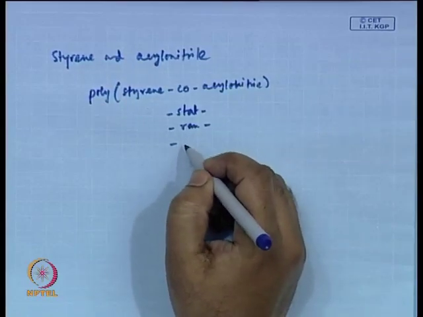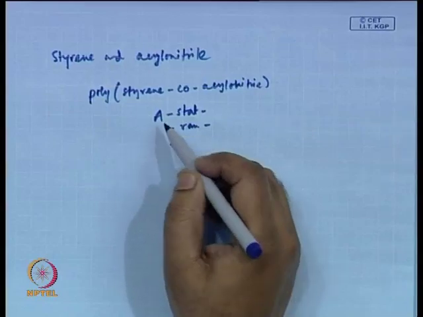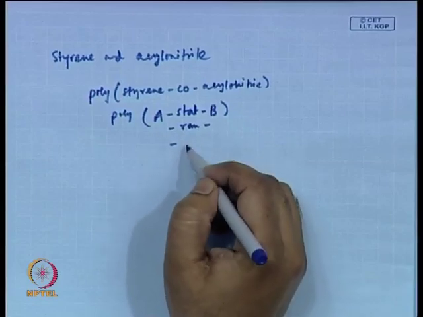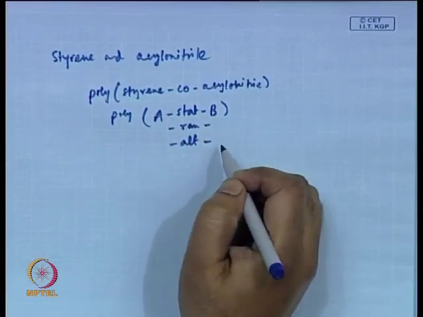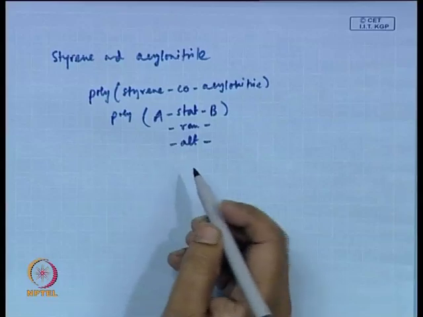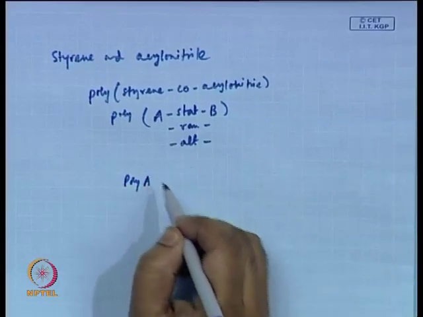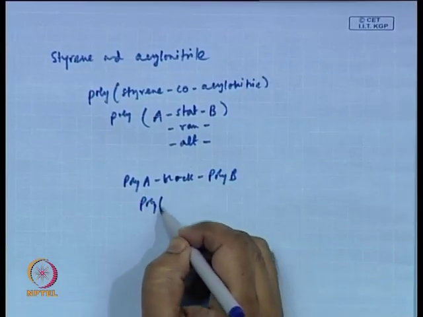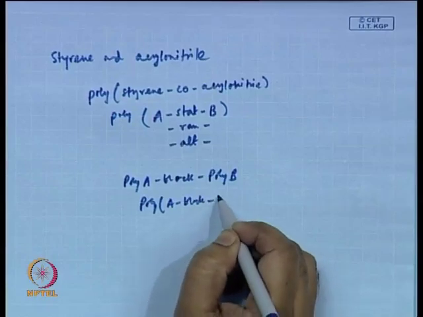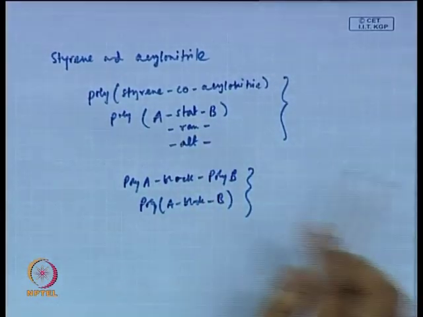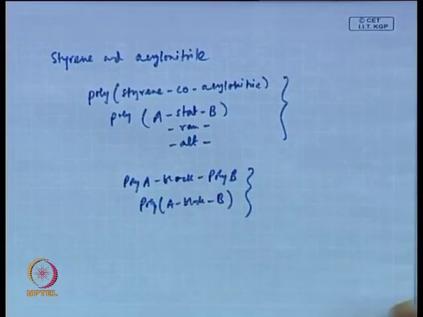If you know that it is an alternate copolymer between any two monomers, say poly A and poly B, then we can write ALT, alternate. And if it is a block copolymer, then we can write poly A block poly B, or poly B block poly A. In both ways we can write in this case, but when you write different types of copolymers like statistical, random or alternate copolymer, you should follow the type of nomenclature we just mentioned.